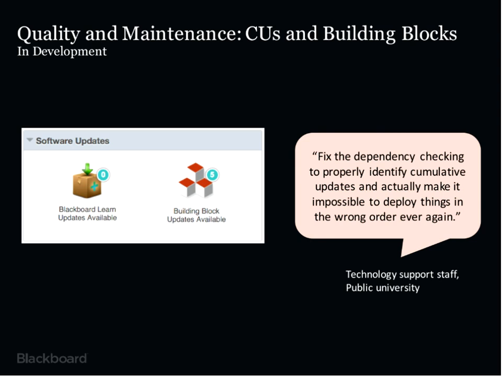So we are making an enhancement to the software updates infrastructure that will allow us to check as well which cumulative updates have been applied in a particular environment. So this should lead to greater stability in applying fixes and maintenance to 9.1.